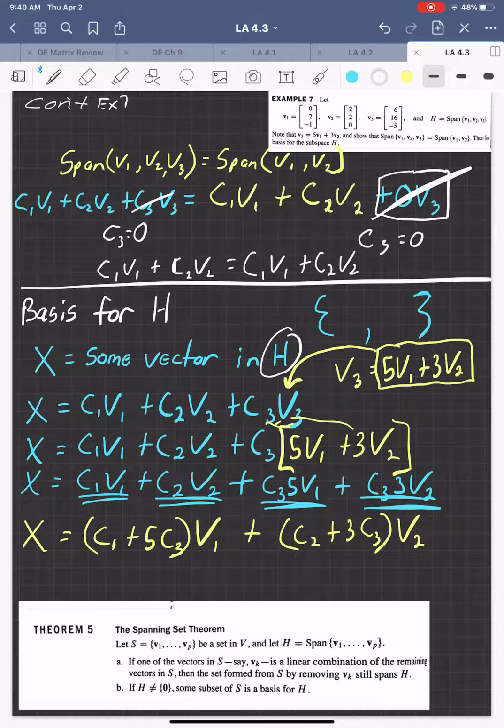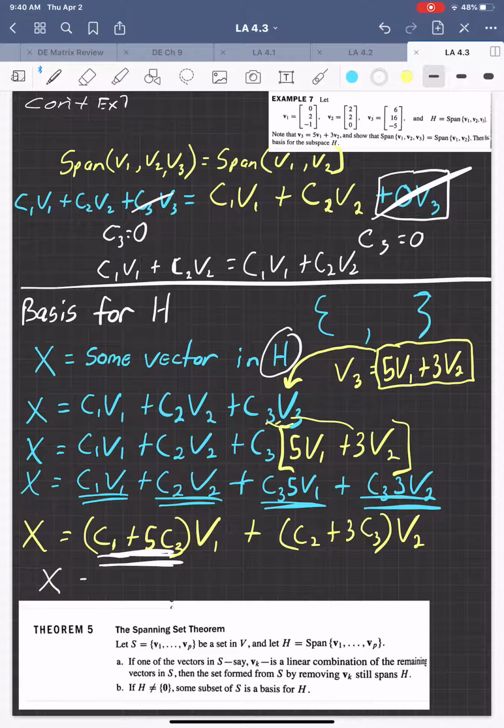And what we're showing right now is, will you grant me that c sub 1 plus 5 c sub 3, I don't know what that's going to equal, but it's just going to be a scalar, right? In other words, I'm going to write a capital C with no subscript.